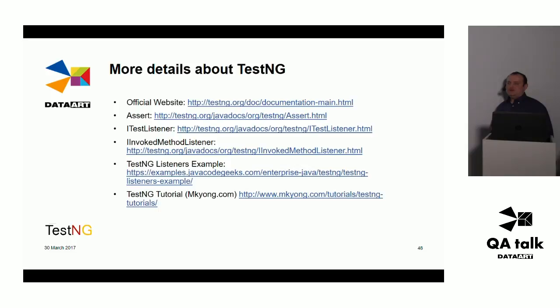So do you have any questions? Yes. I'm really sorry, maybe I missed the part, but what about comparing regarding the ordering of running tests? In JUnit 4 there was ordering, for example, alphabetical.